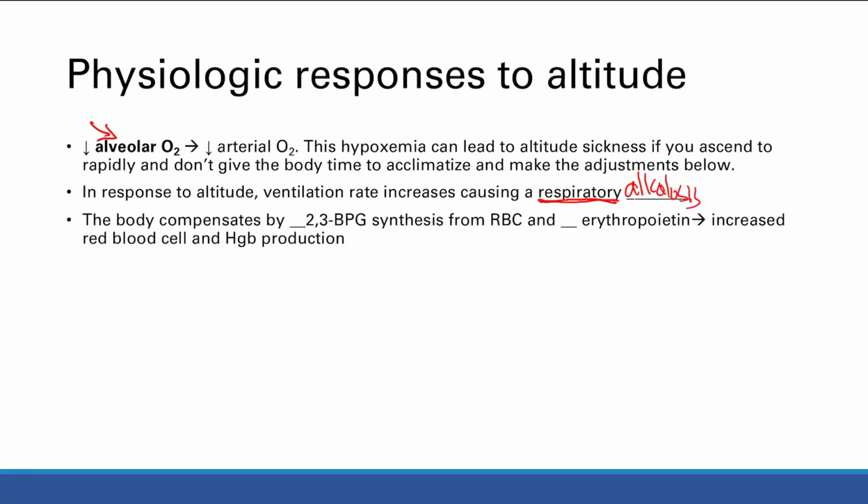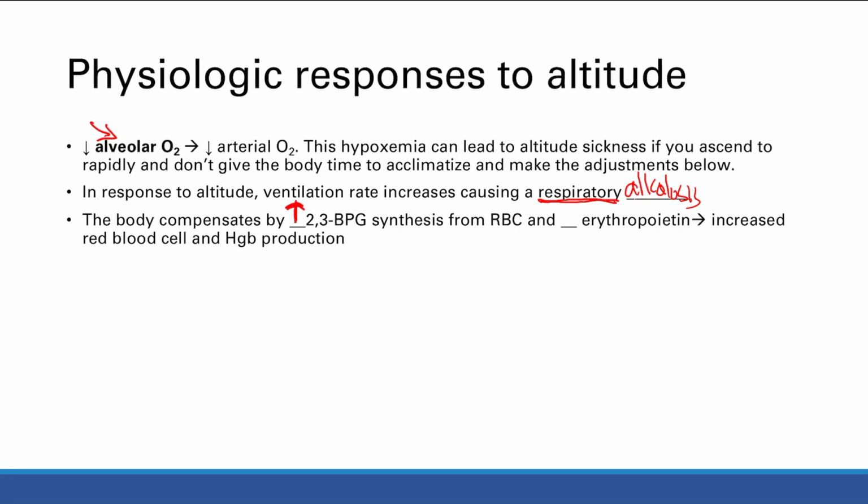Next, the body will also compensate by changing 2,3-BPG synthesis from our red blood cells. Remember, what did 2,3-BPG do? 2,3-BPG binds to hemoglobin and causes a right shift, so that hemoglobin releases more oxygen. So you're going to get more or less BPG at altitude? Yes, that's right. You're going to get more BPG because you want your hemoglobin to release oxygen to tissue.